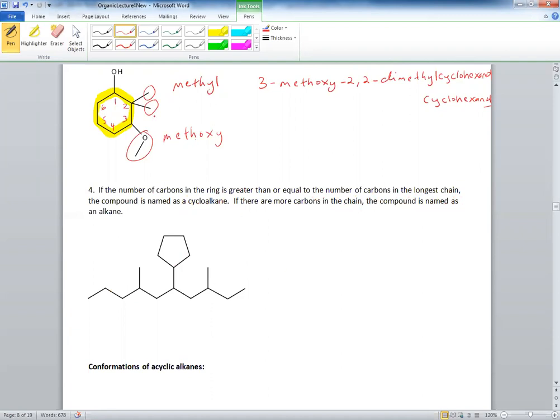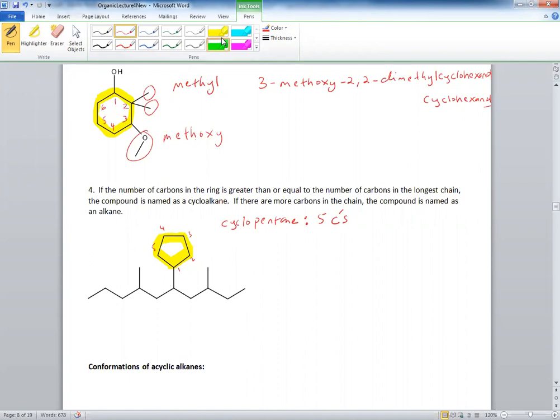Here in this one, we have a ring that has 1, 2, 3, 4, 5 carbons, and that would be a cyclopentane. So the ring has 5 carbons in it.